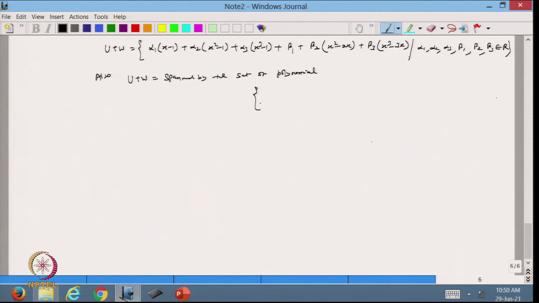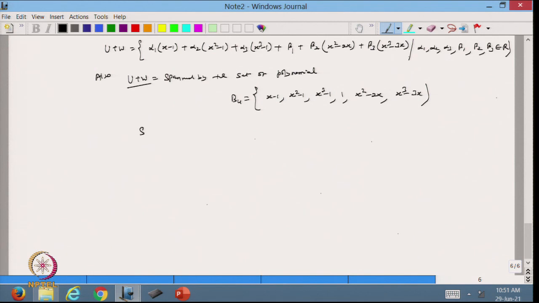I am taking all the vectors belonging to the spanning of u and the spanning of w. So, it will be x minus 1, x square minus 1, x cube minus 1, 1, x square minus 2x and x cube minus 3x. I call this B4. This is a set that is spanning u plus w, but it contains 6 elements.